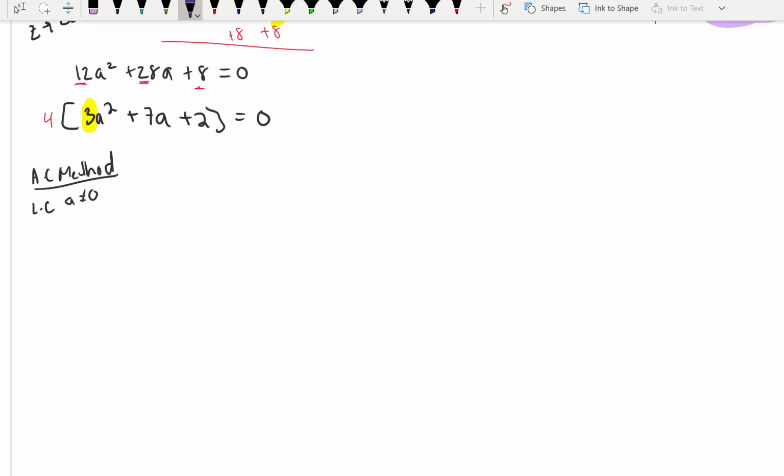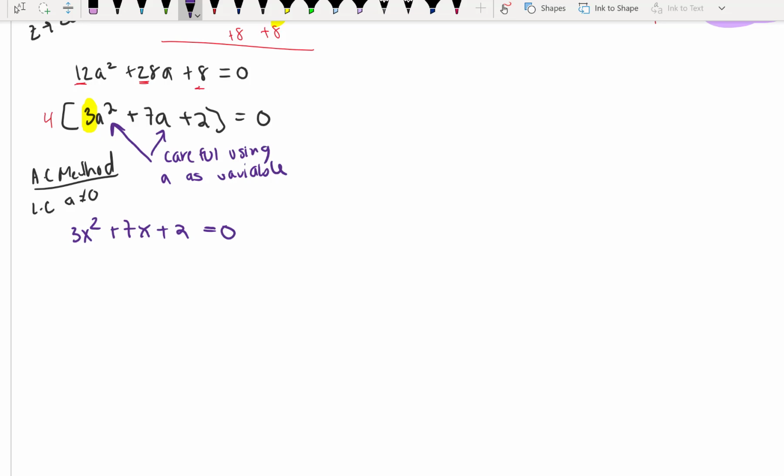So let's just pretend for now that this is 3x squared plus 7x plus 2 is equal to 0. I really want to make sure you guys understand why I'm changing it to an x.